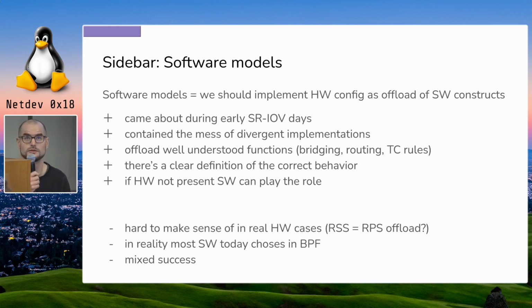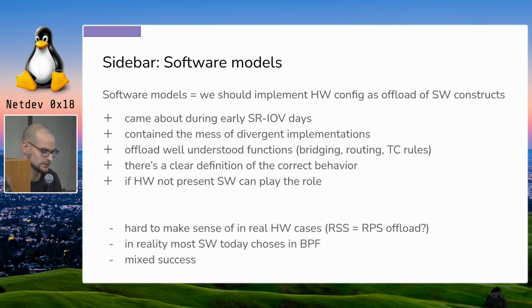I'm not entirely sure where that came from because I wasn't around, I don't think. But I think it came during SR-IOV days. Maybe Alex knows better than me. When everybody was trying to do their own thing, and every vendor had their own limited implementation that was completely divergent, and we wanted to standardize on standard building blocks like bridging and routing, instead of reinventing custom vendor things.